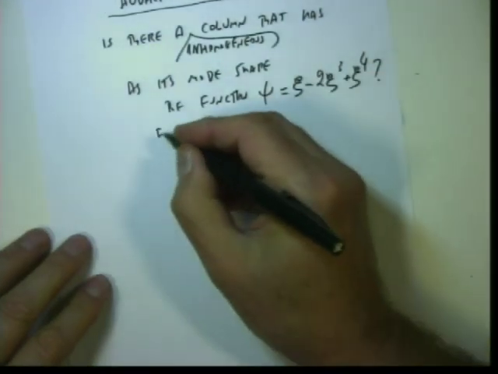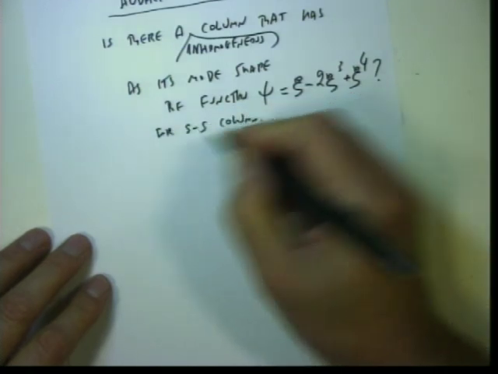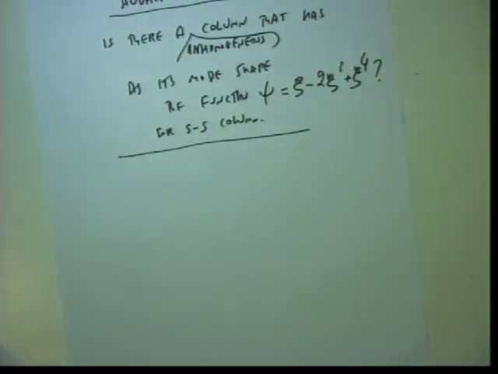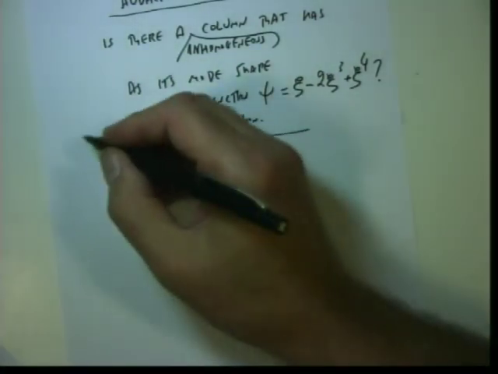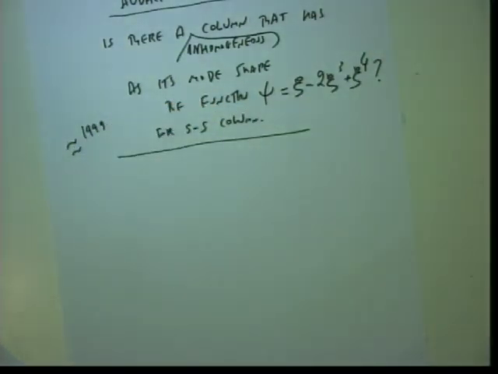That is for a simply supported column. That is a question that I posed approximately in 1999, about 10 years ago.